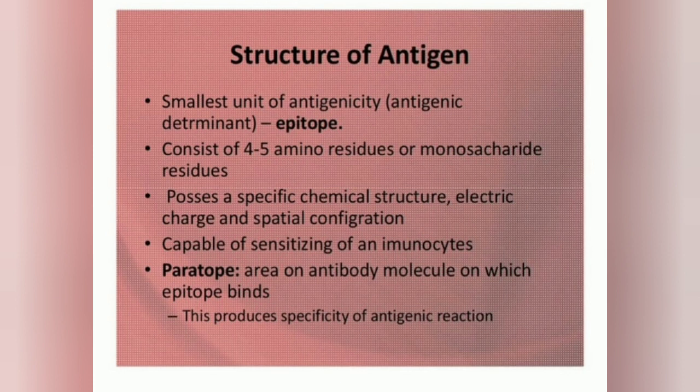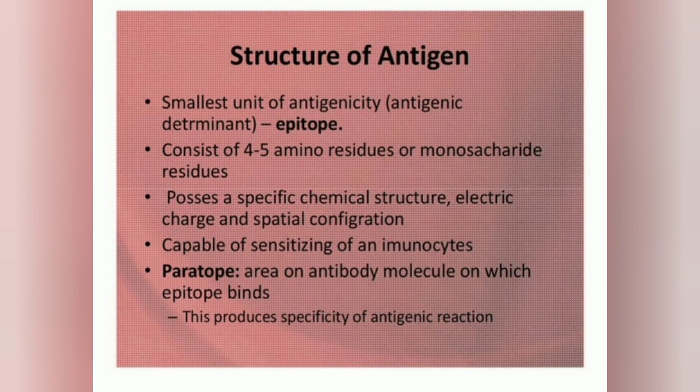It possesses a specific chemical structure, electric charge, and spatial configuration capable of sensitizing immunocytes. Here is a term coined, paratope, the area of the antibody molecule on which the epitope binds. This produces the specificity of the antigenic reaction.